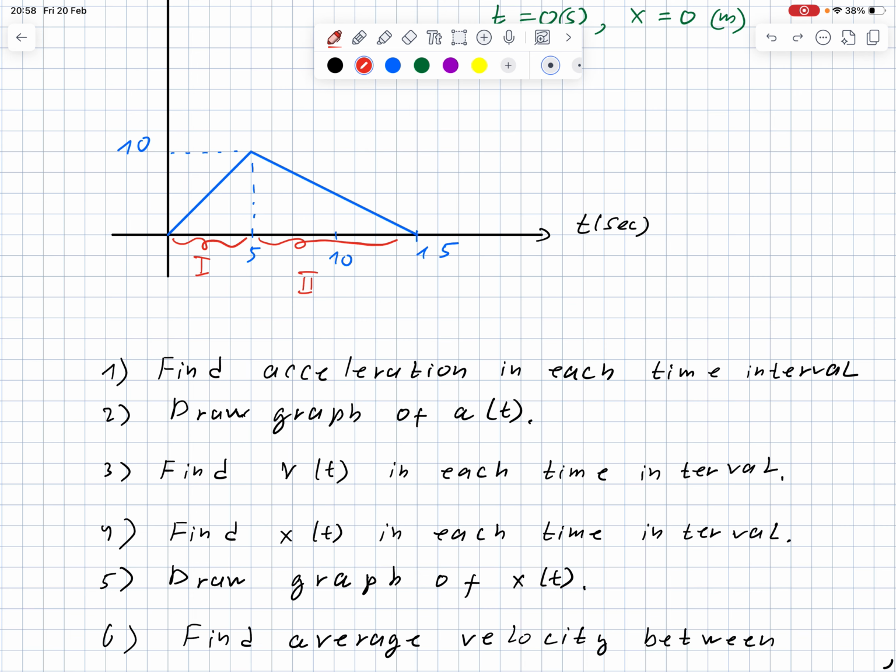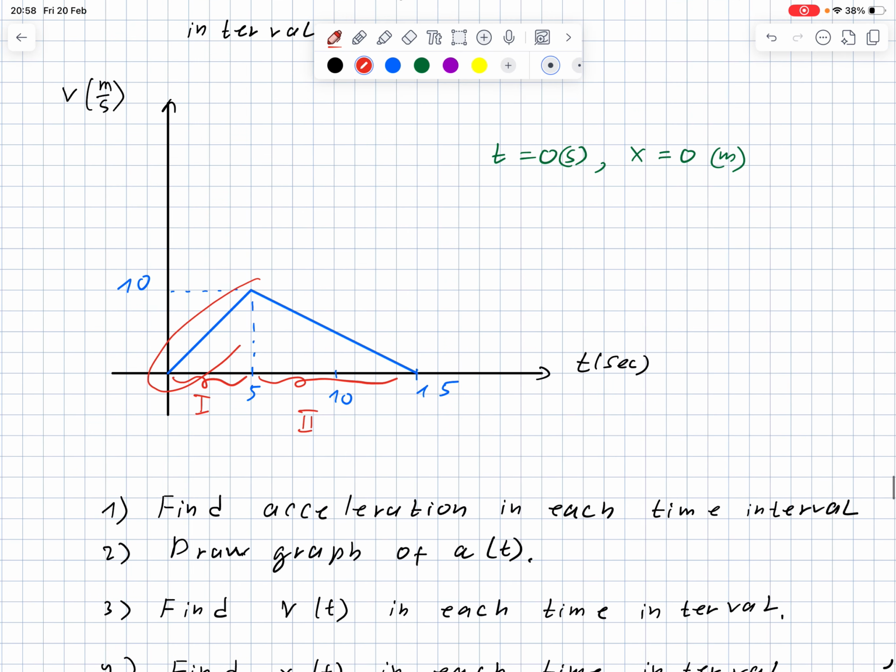Part 3, find v of t in each time interval, which means it's a linear function for the first time interval and the second time interval.